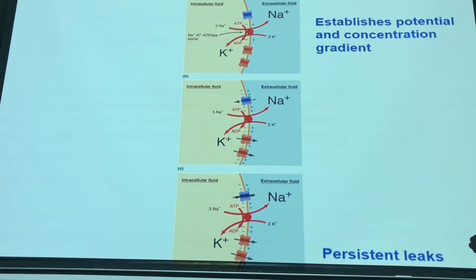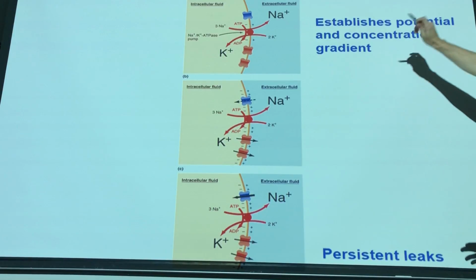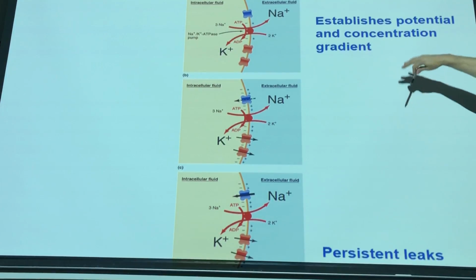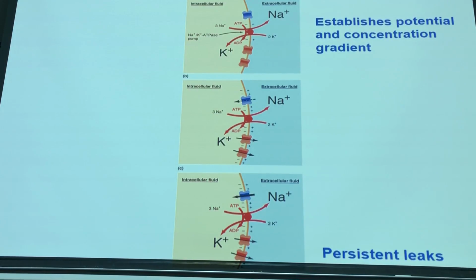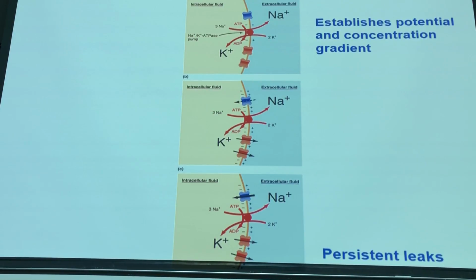The basic resting membrane potential is established just by the concentration gradient, and the potential itself is the electrical force that's required to offset that difference.